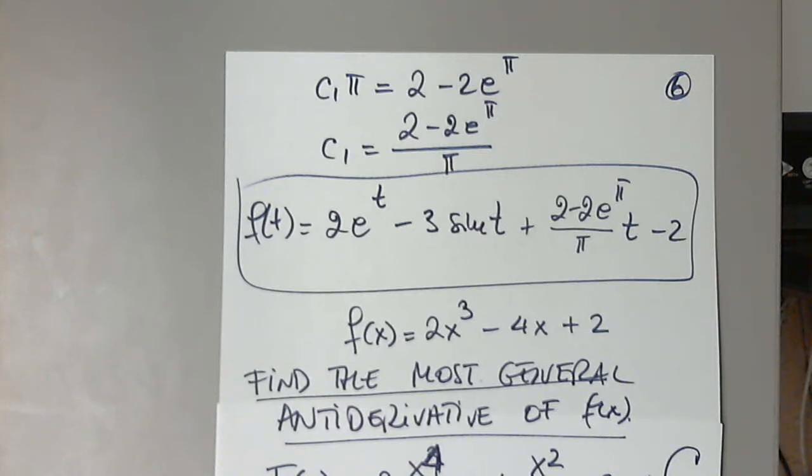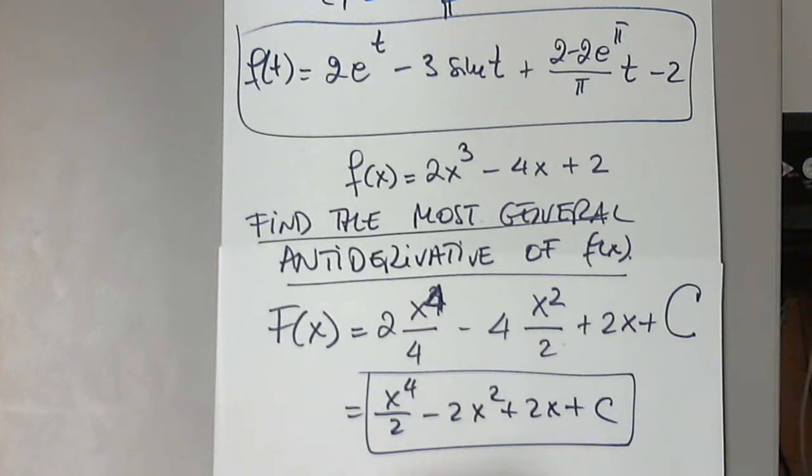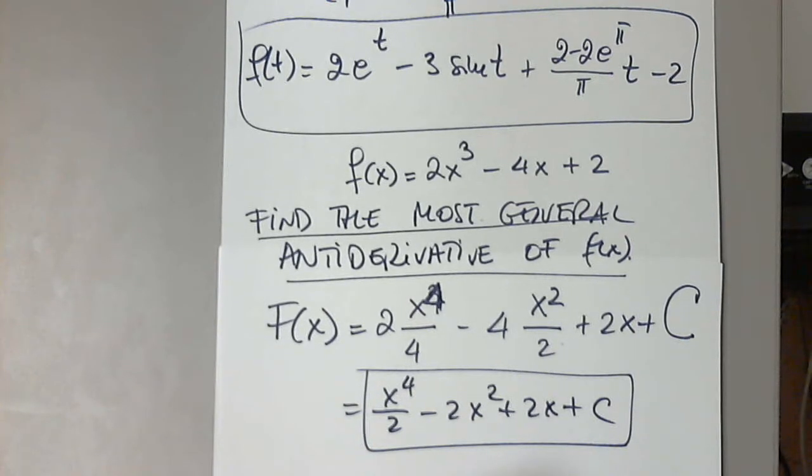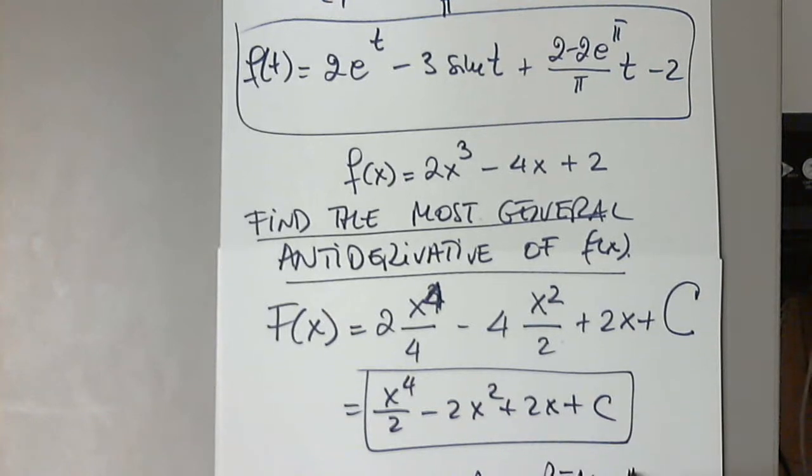This time we're asked to find all possible functions that have the same derivative. And all possible functions are these, where c can be any real number. And this is a family of functions. They all have the same derivative.